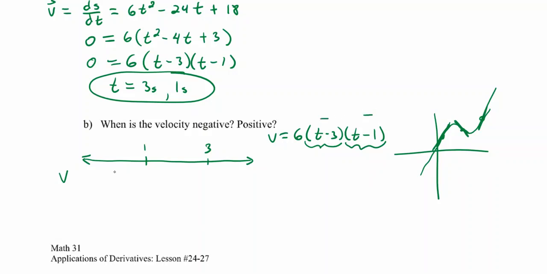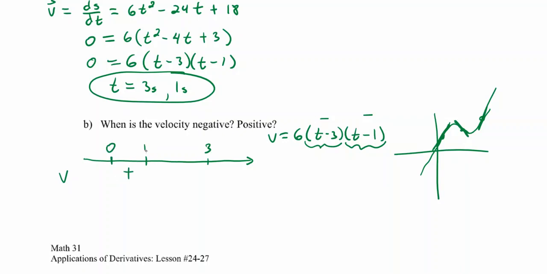So 2 negatives means it's going to be positive in this section. So positive velocity before a time of 1 second. I've got this arrow going all the way to negative infinity there, but really, we started at a time of 0, so that's what I care about. So it's positive from a time of 0 to a time of 1 second.